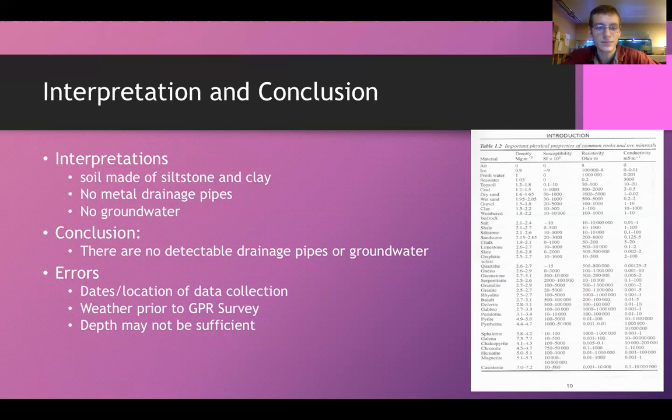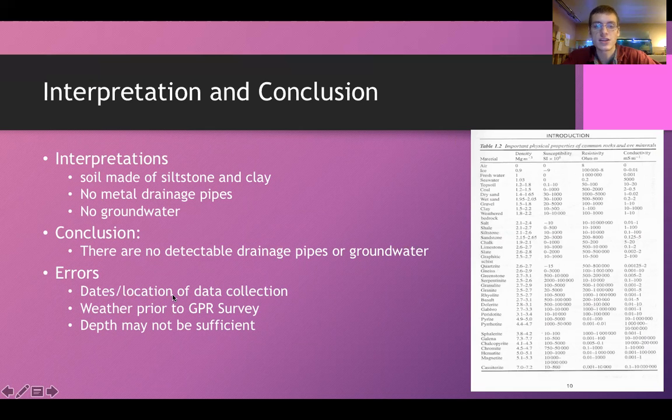Some of the errors I ran into on this survey were, of course, the different dates on which I had taken my surveys. The resistivity surveys were all on the same day, the same location. The ground was very dry, so we were able to get good images. But the GPR surveys did not go nearly as smoothly. They were taken at many different dates because of the precision needed for this survey.